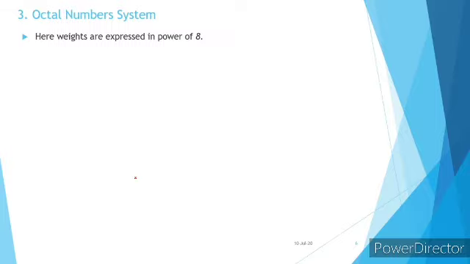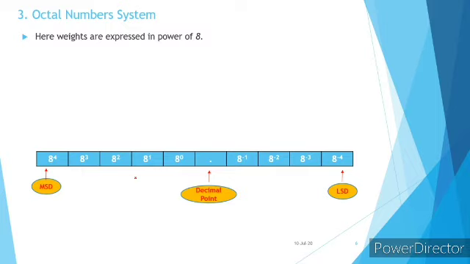As in the case we have seen for decimal and binary, since the base of octal is 8, the weights are expressed in powers of 8, right? So 8 raised to 0, 8 raised to 1, 8 raised to 2, 8 raised to 3, and so on, from the left side of the decimal point.